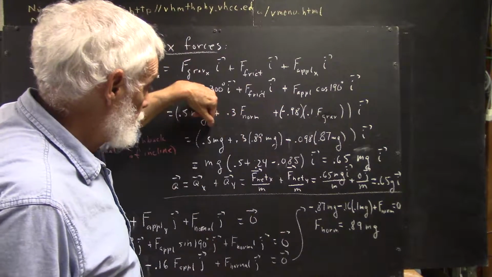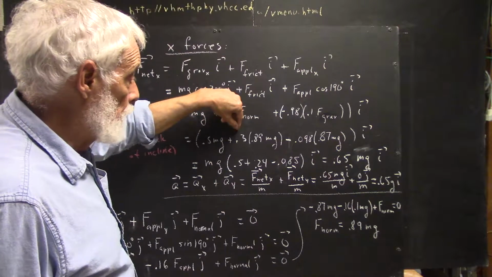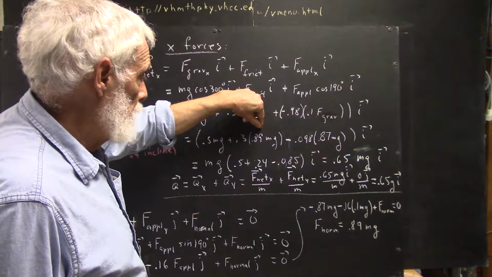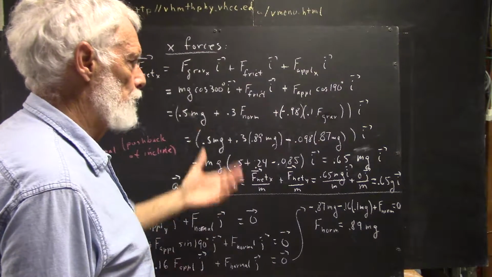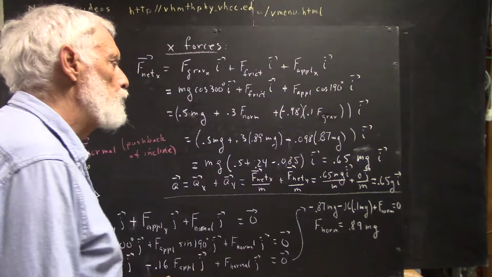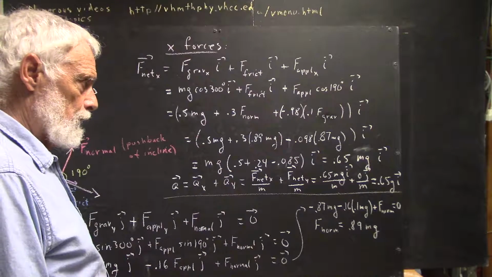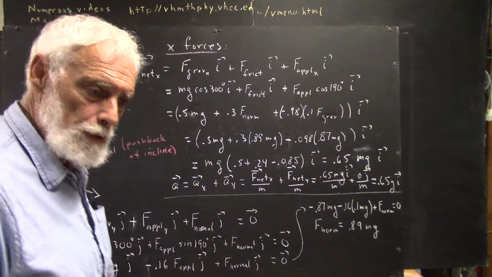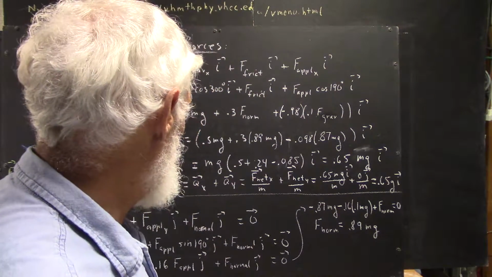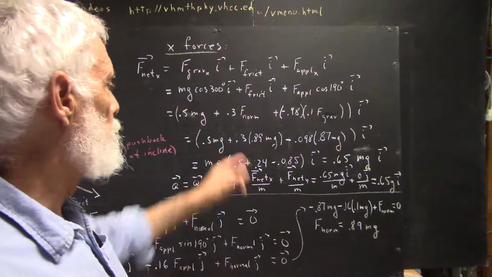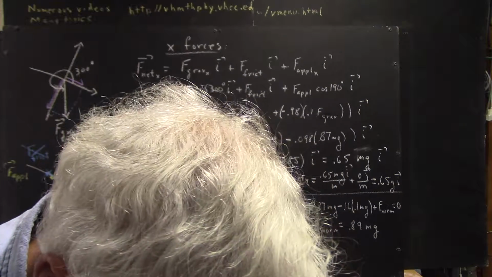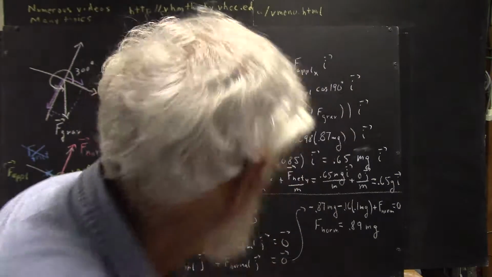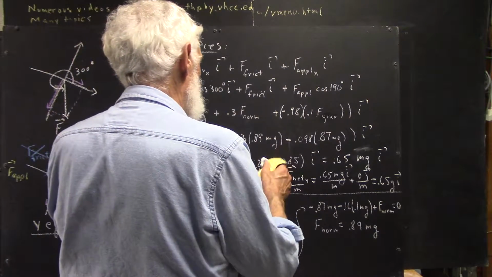The 0.5 is obvious. And 0.3 times 0.89, I've got 0.24, and that's kind of stupid because 0.3 times 0.9 is 0.27. Okay, so yeah, I'm off by a little bit here. Not sure where I got 0.24. I mean, 0.3 times 0.8 would be 0.24. The 0.3 times 0.9 is closer to 0.27.